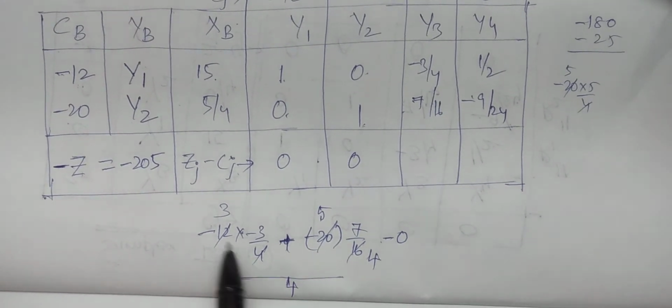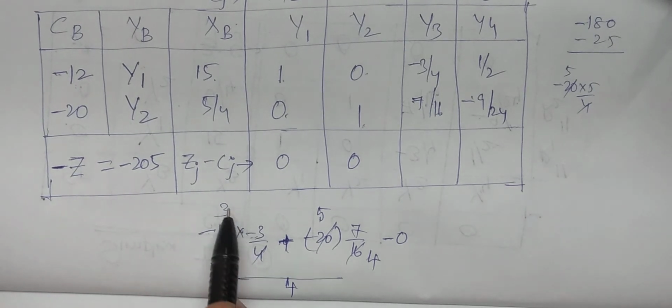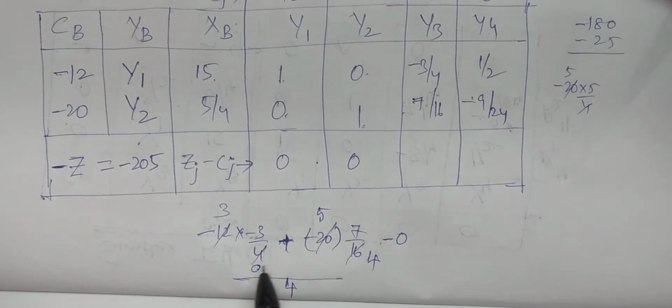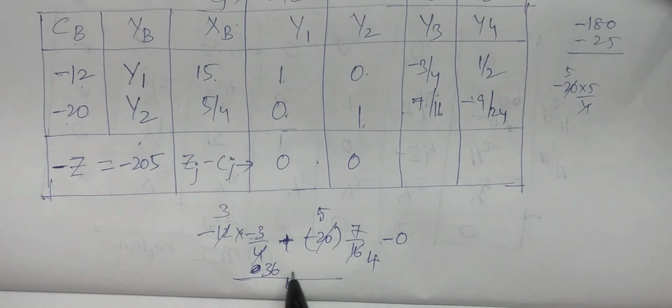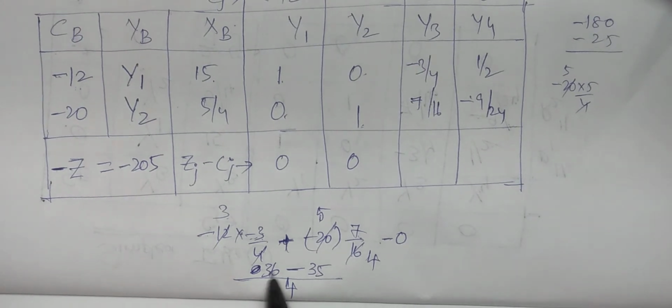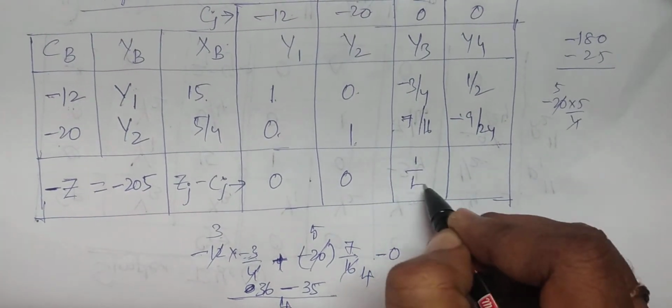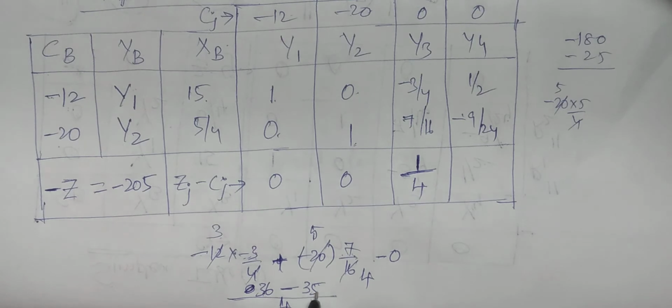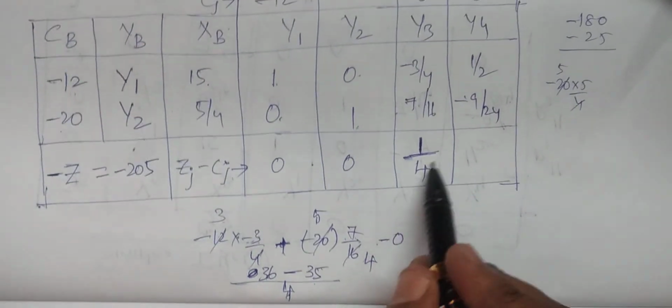Both are minus of minus, this becomes plus. 12 3s are 36. It is plus, minus 7 into 5, 35. So 36 minus 35 divided by 4. Hence it is 1 by 4.